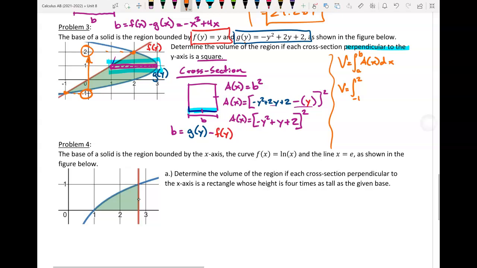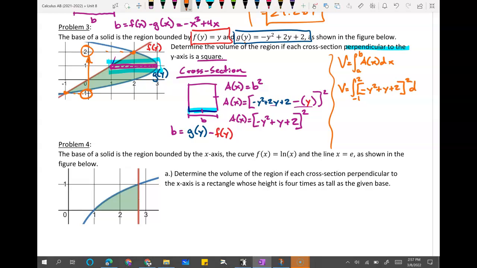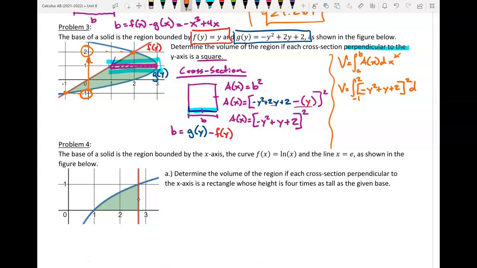And then my area function, we have the simplified version there, negative y squared plus y plus 2, squared. Oh, this is dx. So let's actually adjust the general form here. That would be A of y dy, and that means I should technically adjust what I have over here because each of these should be in terms of y. A of y, A of y. All right, so everything has the correct variables.